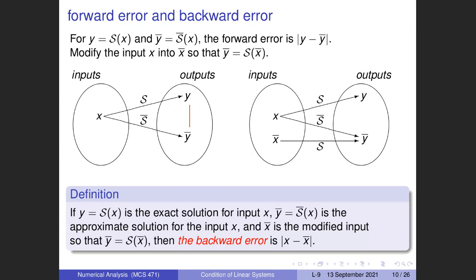The other error is the backward error. That's the difference between the inputs. And what we hope is that if the inputs change a little bit, the outputs will change by the same magnitude.